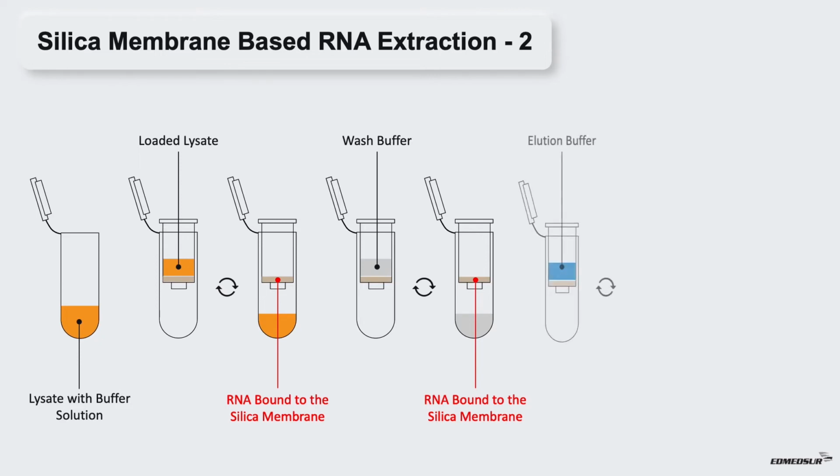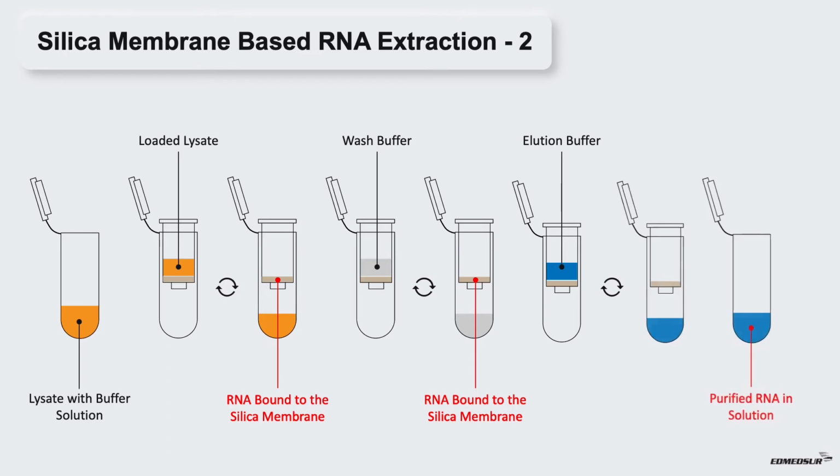Elution is the process of adding an elution buffer to the column, allowing the RNA to leave the silica membrane and return to solution. Then a centrifugation is carried out. This forces the elution buffer through the membrane. The elution buffer removes the viral RNA from the spin column and a purified RNA is obtained.